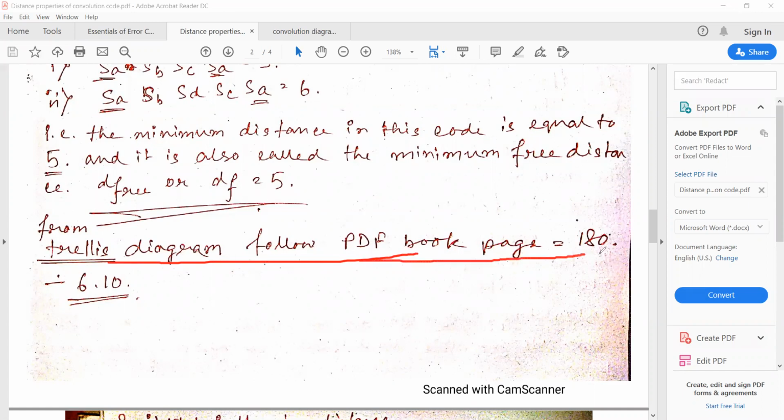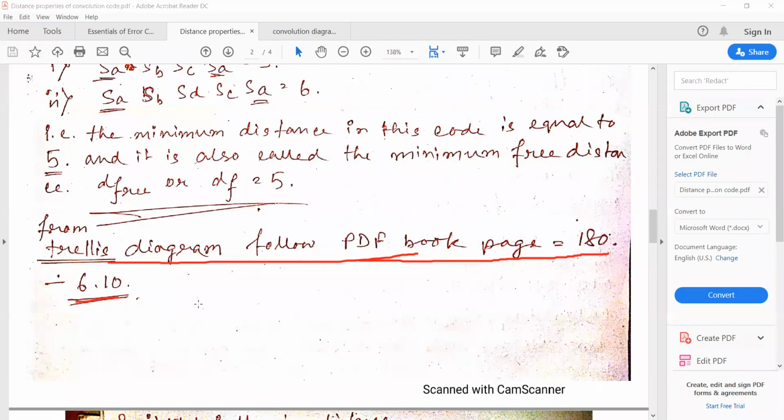This is very easy. Again you have to remember the previous lecture where I discussed how to draw the trellis code, and you will get this on page number 180, in the block of 6.10.